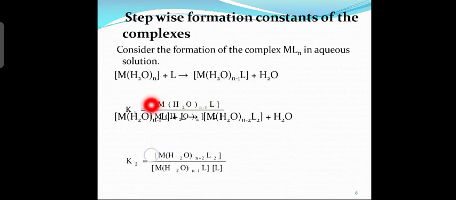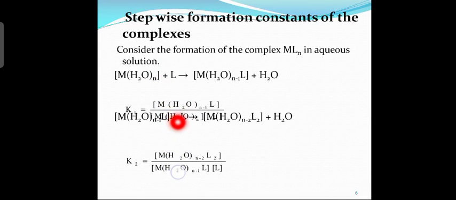When you write the equilibrium constant, the product is written in the numerator: M(H2O)n-1 L divided by M(H2O)n and then L. So it is product concentration divided by reactant concentration.